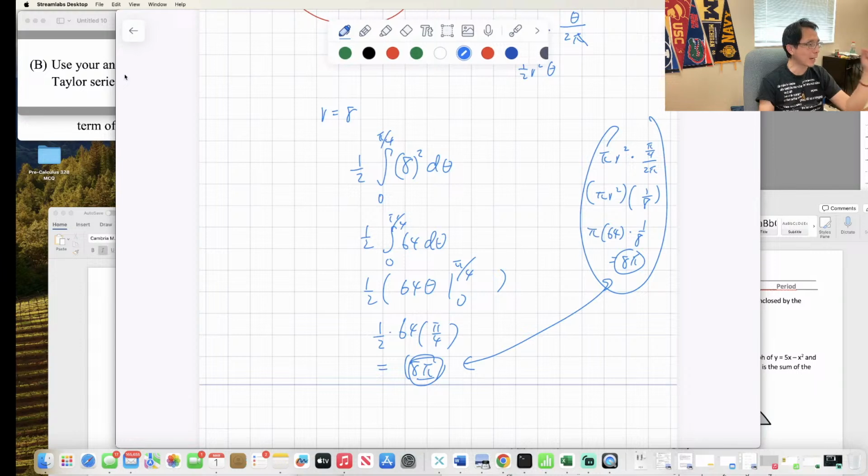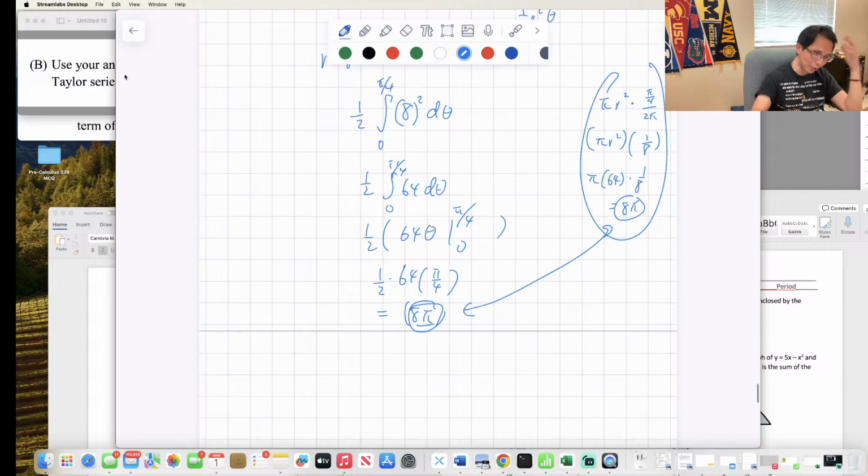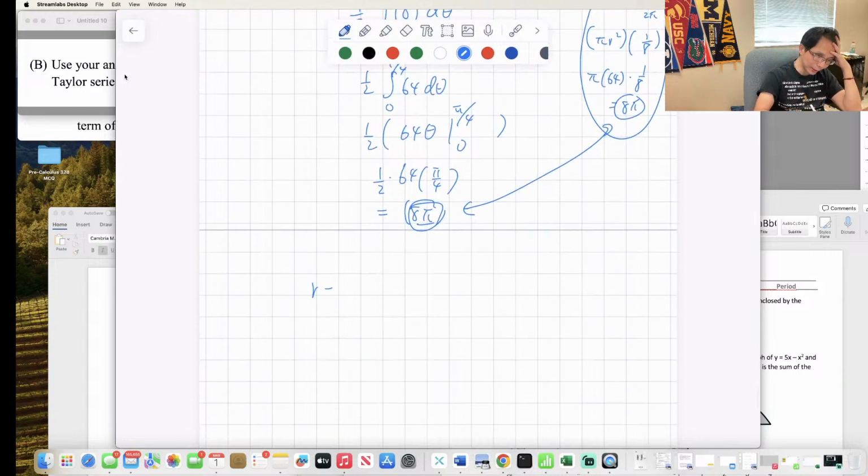Because now we're actually using a polar equation. Now the polar equation is going to be something like r equal to 3 cosine of 3 theta. So now we are no longer using r equal to 4. r equal to 8 is still a polar equation. It's just a circle centered at 0 with a radius of 8. So r equal to 3 cosine 3 theta is going to be a little bit different.